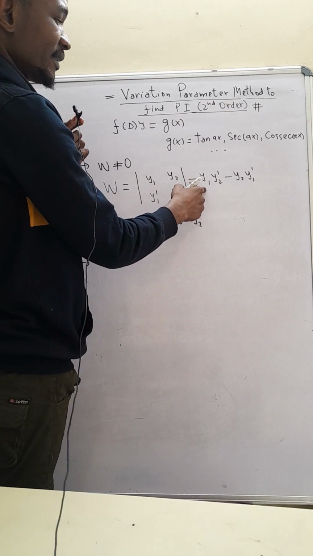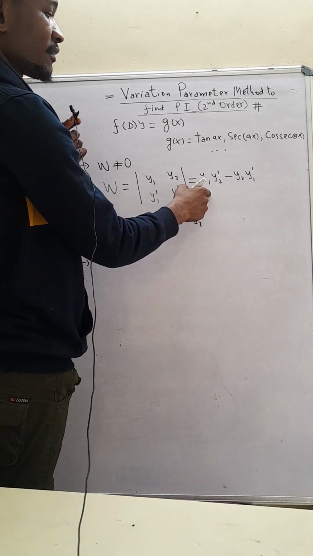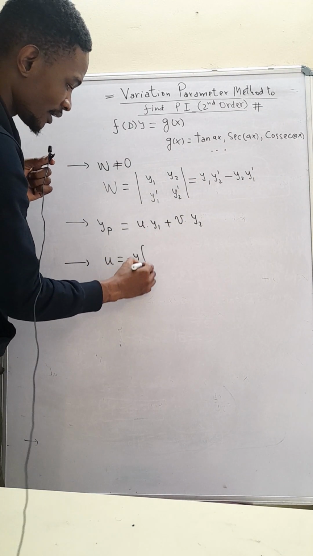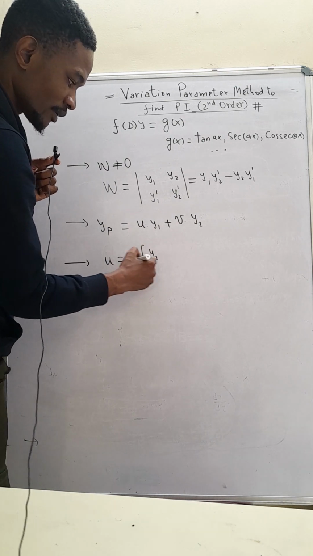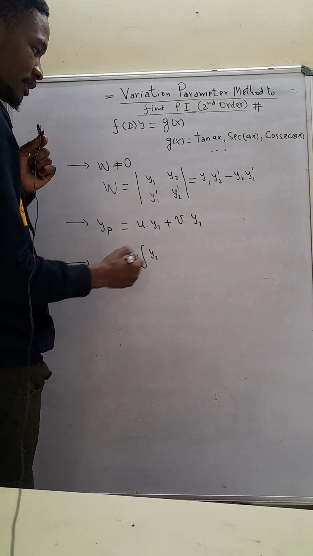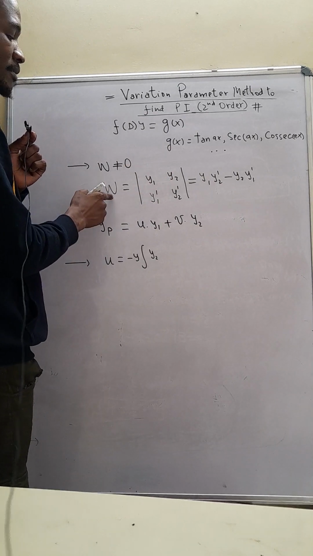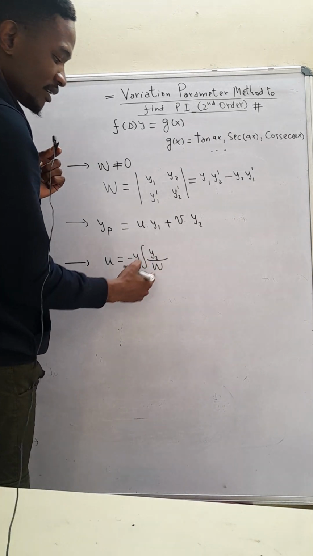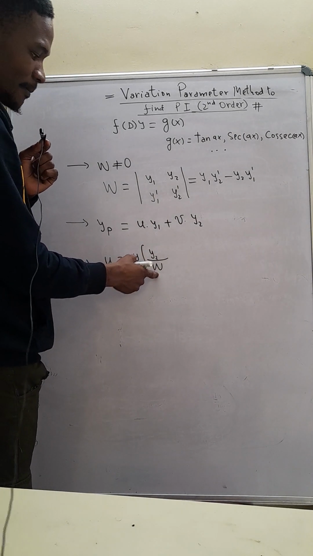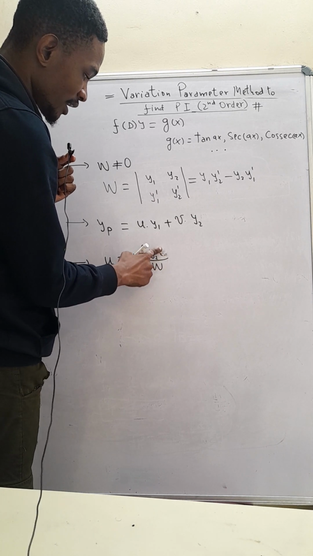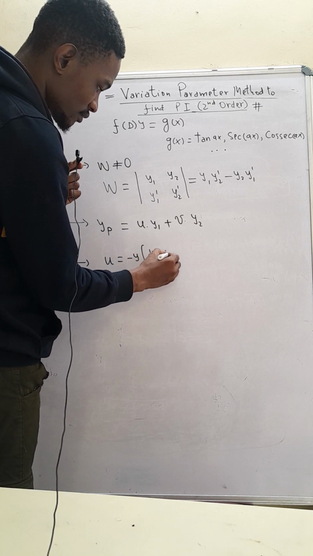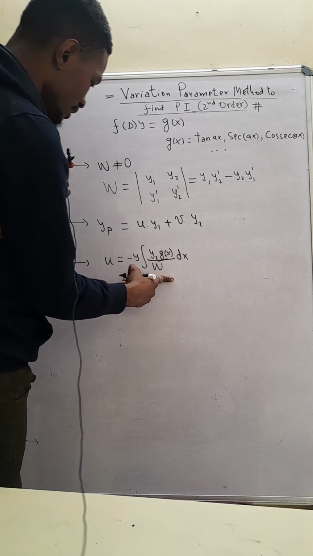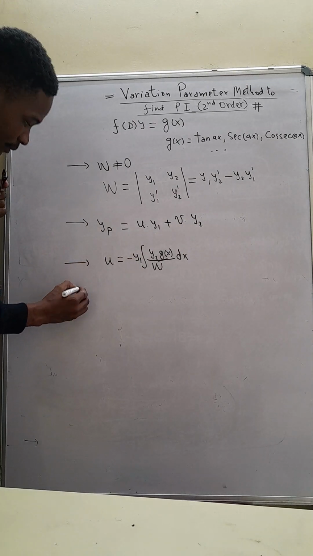If it is positive, it becomes negative, so it will be minus the integration of y2 times g of x, our function, over the Wronskian, dx. And I told you, the Wronskian must be different from 0, because the Wronskian will be dividing, so it must not be 0.